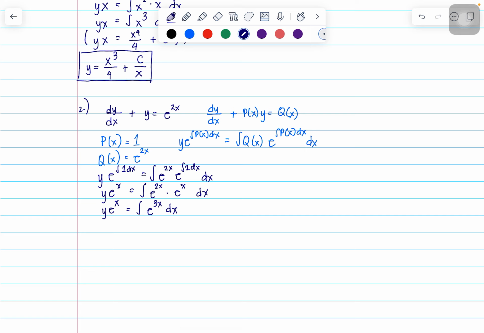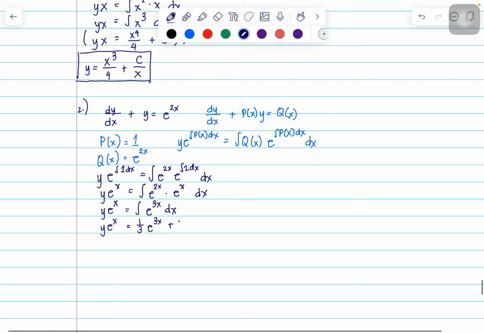Alright? So what is the integral of e to the 3x? It's basically just bring down the coefficient 1/3 and retain e to the 3x plus c.